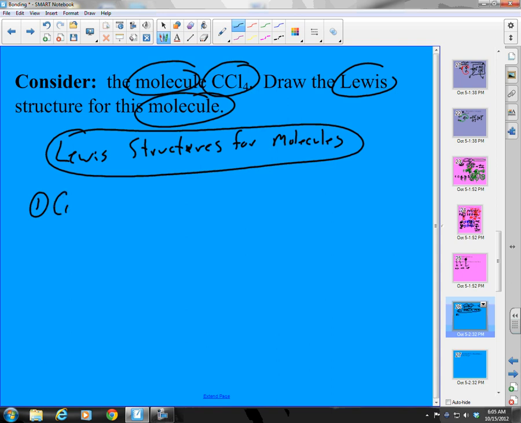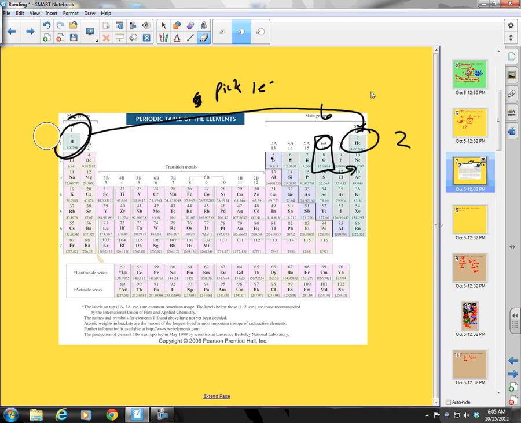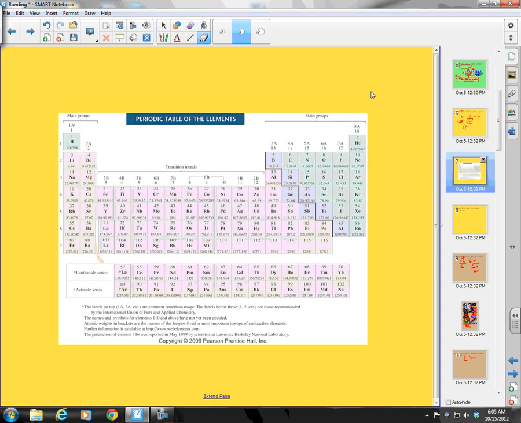Number 1, count valence electrons in molecule. How do we do that? We use our periodic table. What did we have? We had carbon and we had chlorine, right?